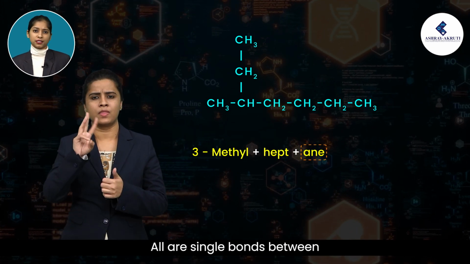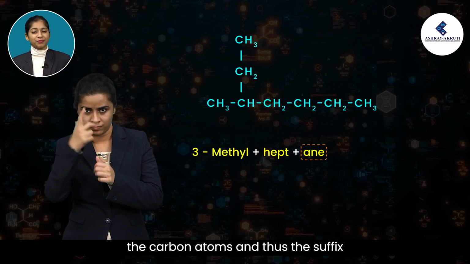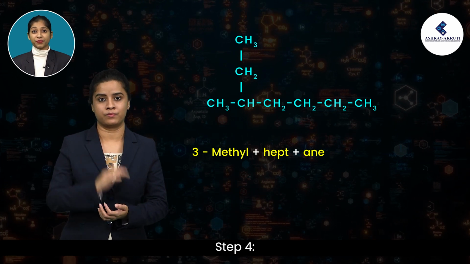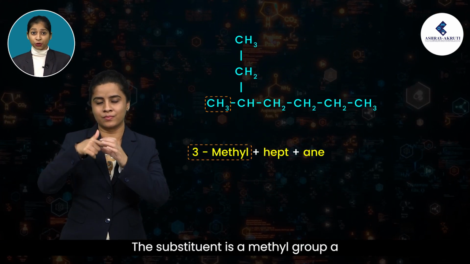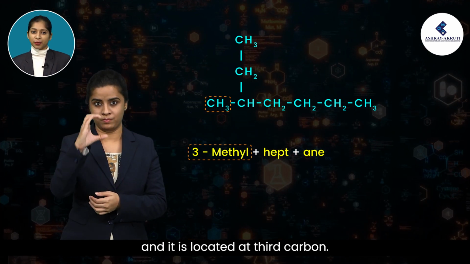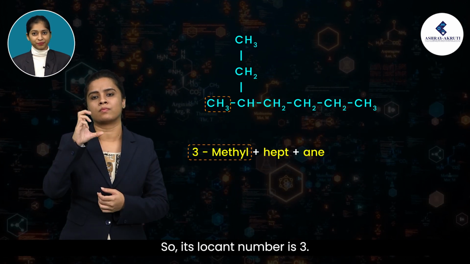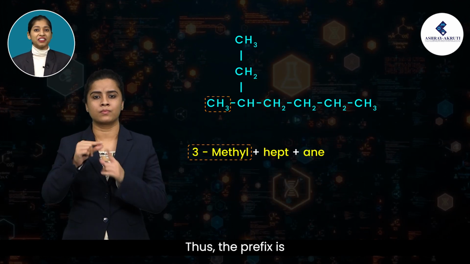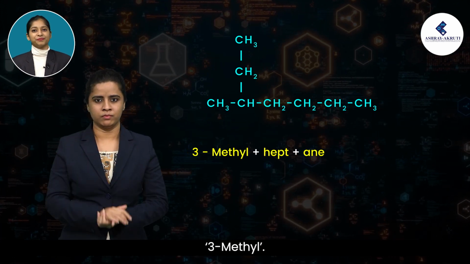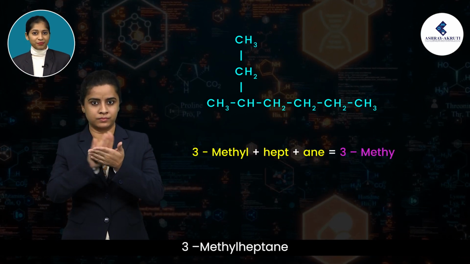All are single bonds between the carbon atoms and thus the suffix is "-ane". Step 4. The substituent is a methyl group and it is located at third carbon. So, its locant number is 3. Thus, the prefix is 3-methyl. Hence, the name of the compound is 3-methyl heptane.